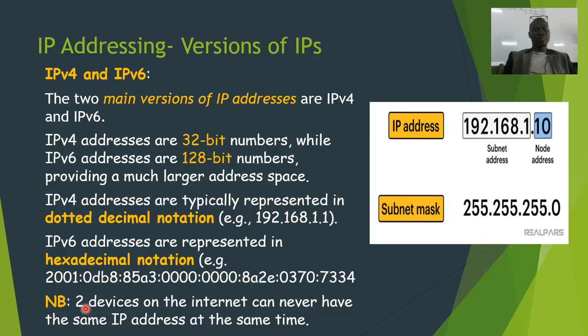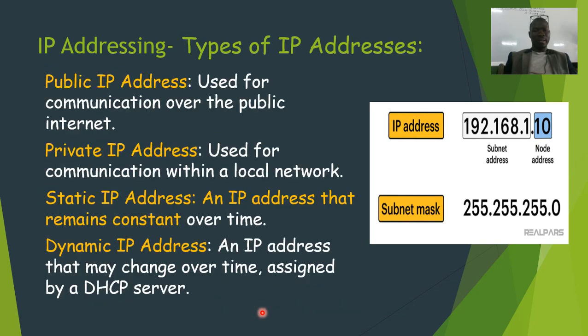So remember, two devices on the internet can never have the same IP addresses at the same time. It's only after the IP address has been freed that another client can obtain that same IP address. However, if they are all connected on a network at the same time, they can never have the same IP address.